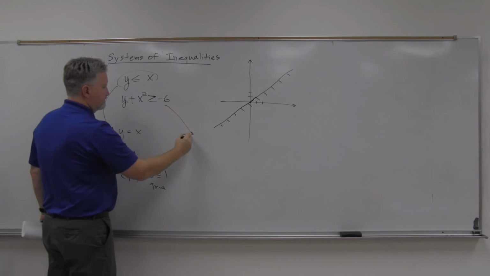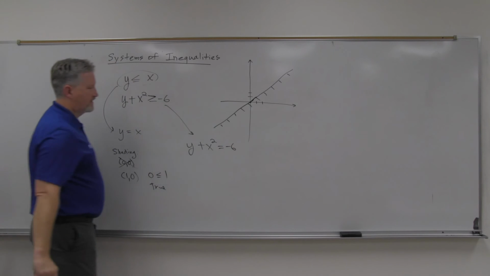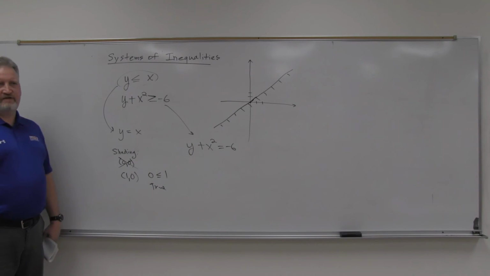Now what about this one? Second one, well, we've got y plus x squared equals -6 would be the thing to graph. What would I probably do there to help me out?